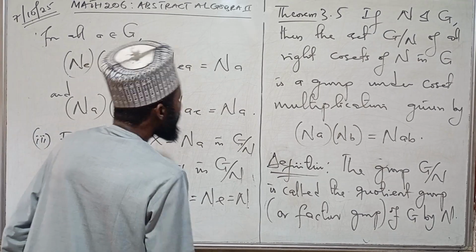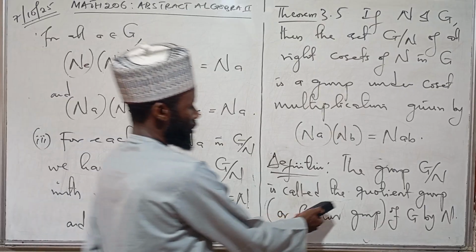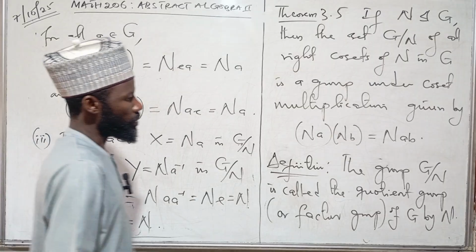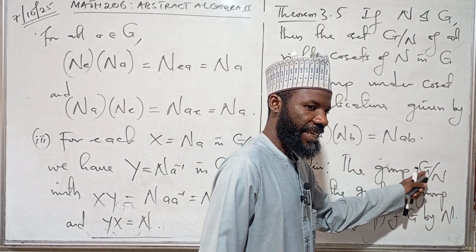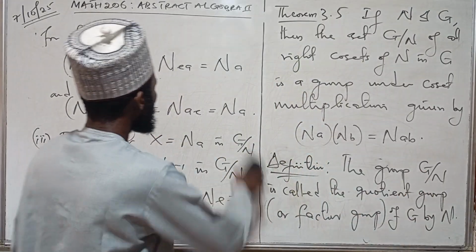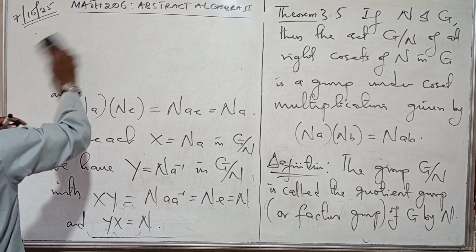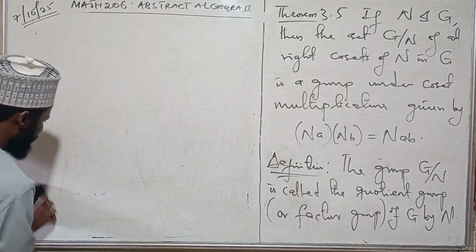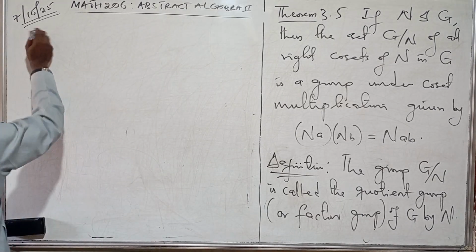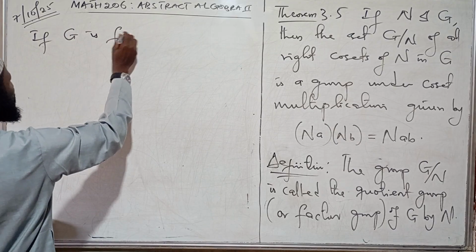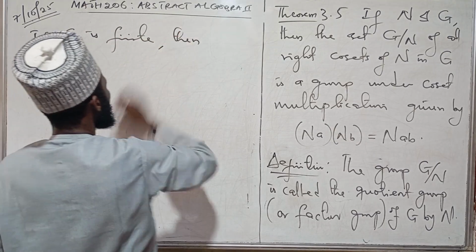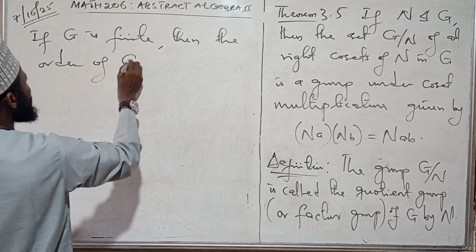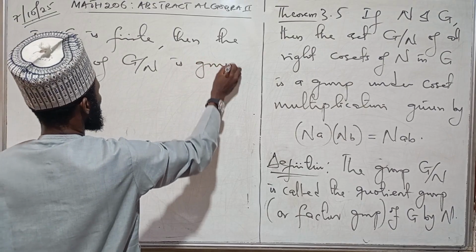That's why it is called quotient group, just like you are dividing G by N. You can recall that the order of the group is the index of N in G. Remember, from Lagrange's theorem, if G is finite, then the order of G by N is given by the index.